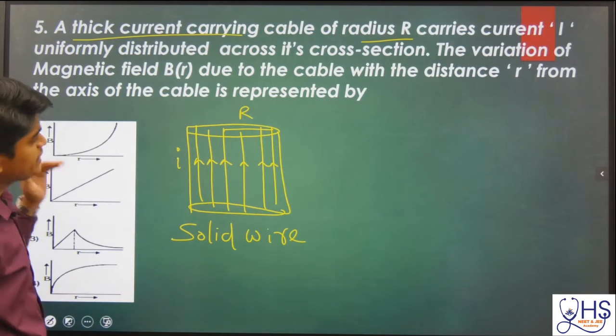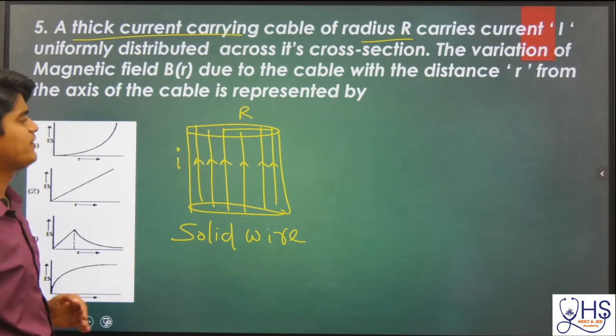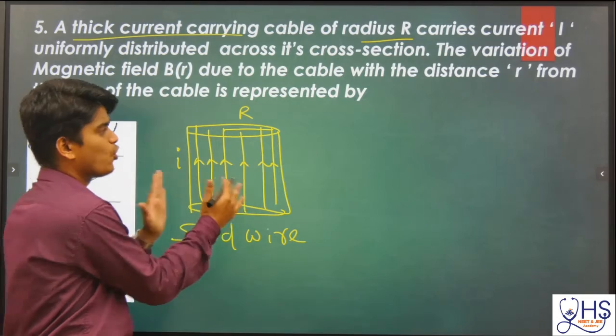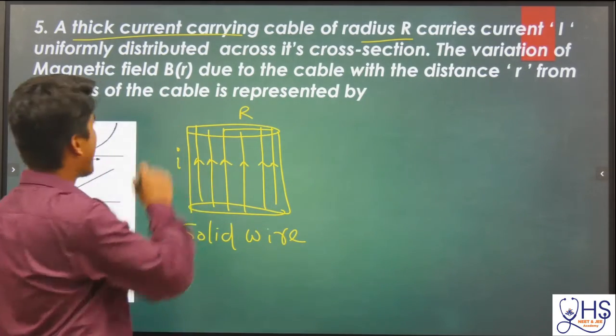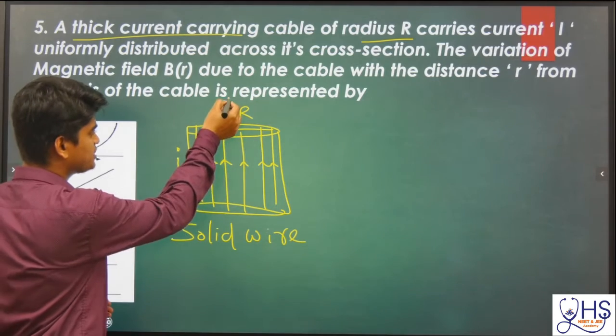Now here they are telling the variation of magnetic field due to this wire or cable at a distance r from the axis of the cable. Suppose this is the axis of the cable.